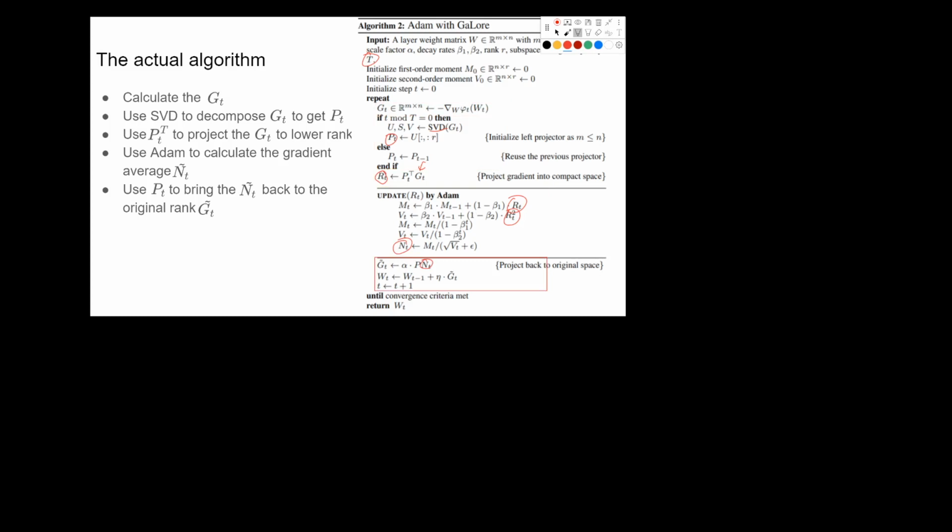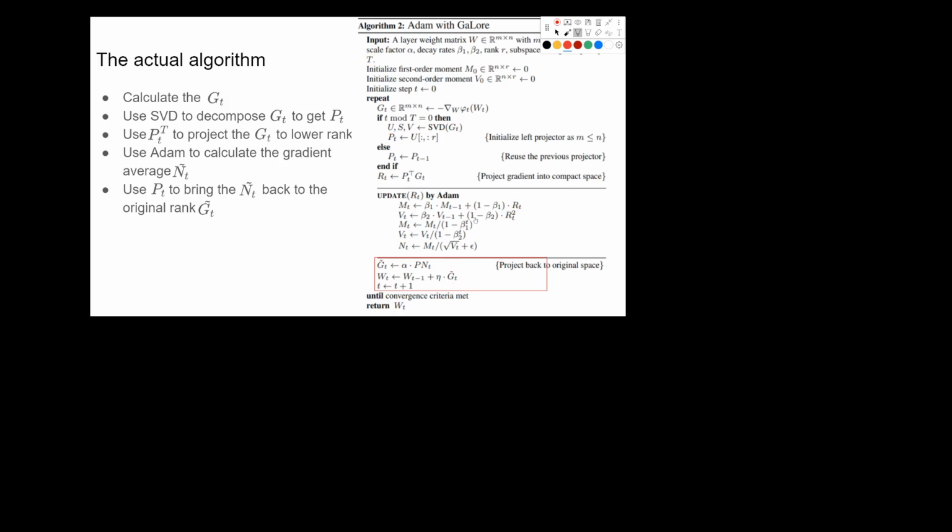After we restore the NT back to the original dimensions, we can set it as the GT here, and we can use regular gradient descent to update the parameters. So for GaLore, we only modify the optimizer.